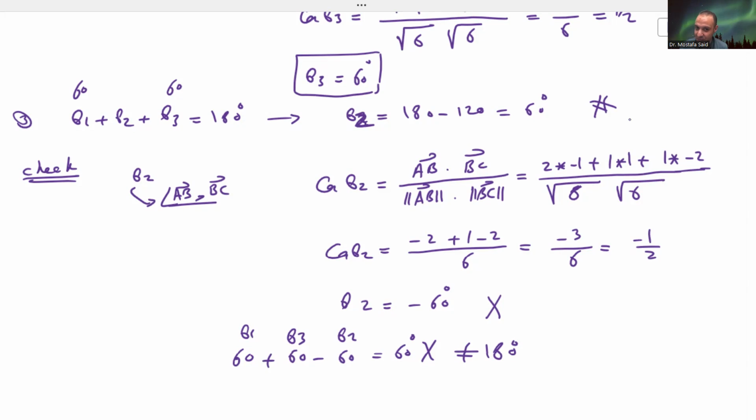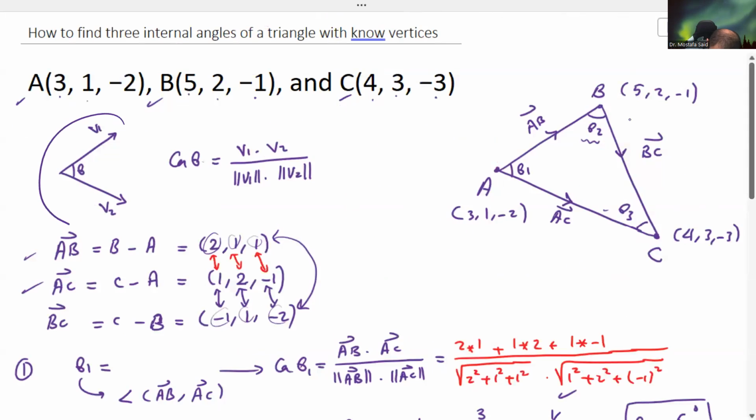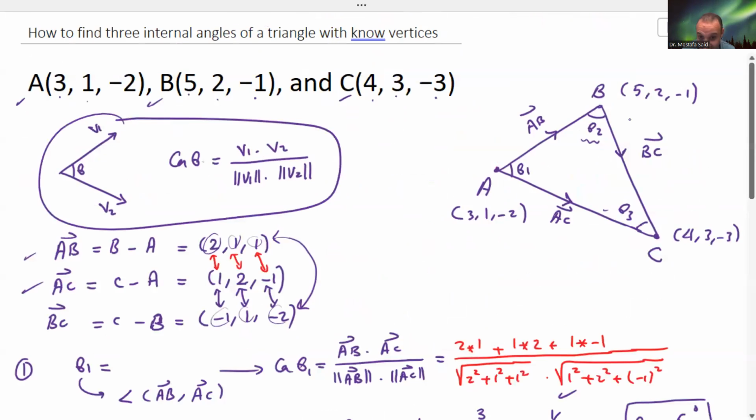Because we made a mistake. We violated the definition of the formula. So let's go back to the formula that we used. This is the formula, guys. And this was the definition of theta. It is the angle between two vectors. These vectors coincide in the tail or coincide in the head.